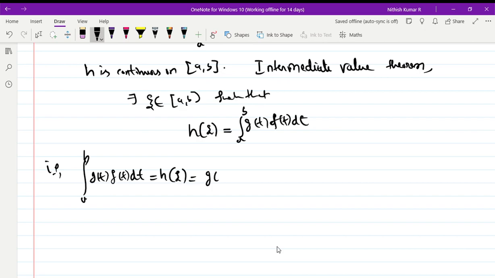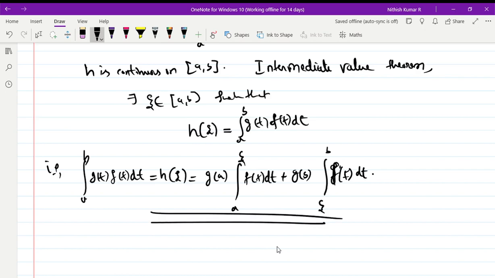That is, the integral from a to b of g(t) f(t) dt equals h of zeta, which is nothing but g(a) times the integral from a to zeta of f(t) dt plus g(b) times the integral from zeta to b of f(t) dt. Hence the proof. This is the second mean value theorem for integral calculus.